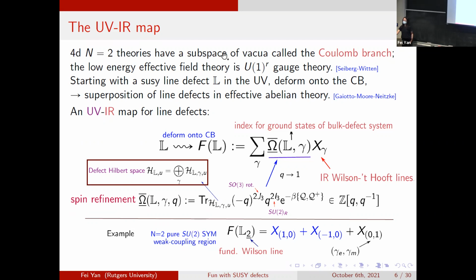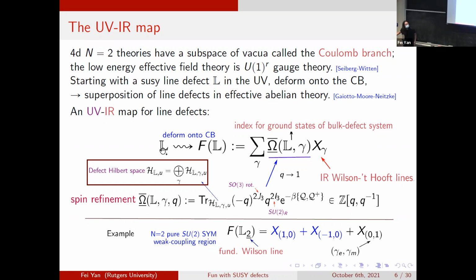So what one could do is start with the supersymmetric line defects in the UV, deform the bulk onto the Coulomb branch, and then follow the line defects into the infrared. What you would find is that instead of a single line defect in the infrared effective theory, you get a superposition of line defects in this effective abelian theory. And this kind of description can be summarized as the following UV-IR map for line defects.